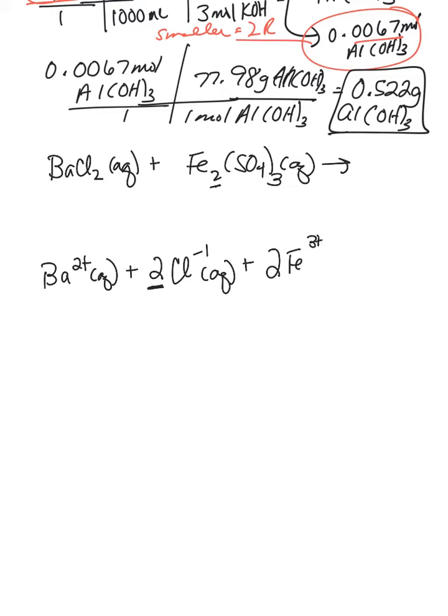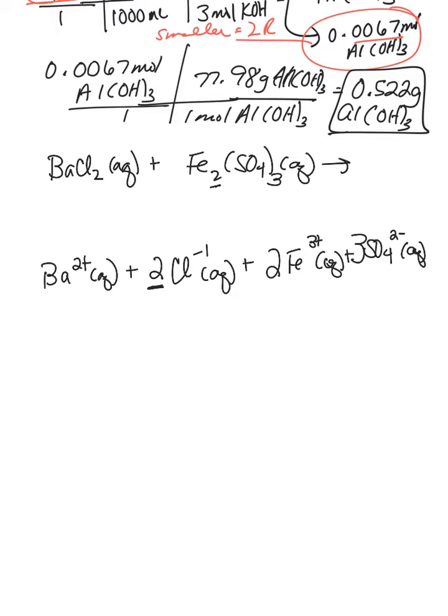You see that there's 3 sulfates, so that's how we know. Sulfate is a 2-, and there are 3 of those. So if you total that up, 3 times -2, that's -6, and then iron +3 times 2, that's +6.